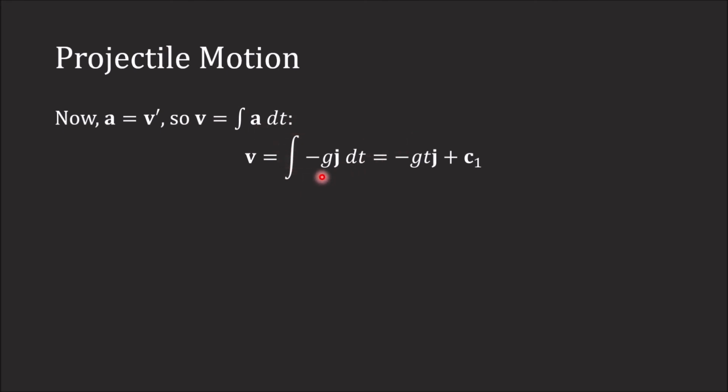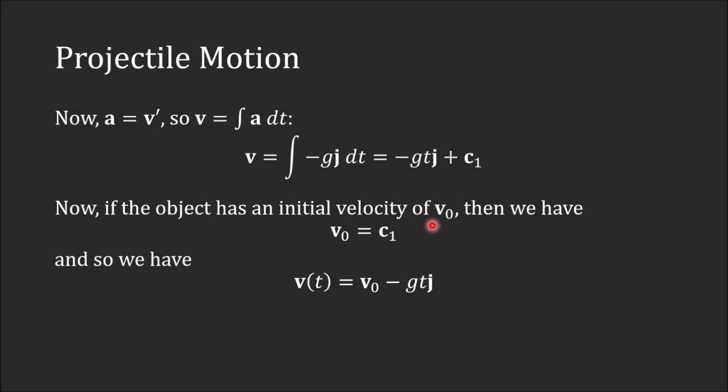So it's the antiderivative of negative g j hat, which is negative gt j hat plus some constant vector, call it c1. Now, if the object is given an initial velocity of v naught, then plug in t equals 0 up here, we'll get v naught is simply c1. And so the velocity vector is given by v naught minus gt j hat.